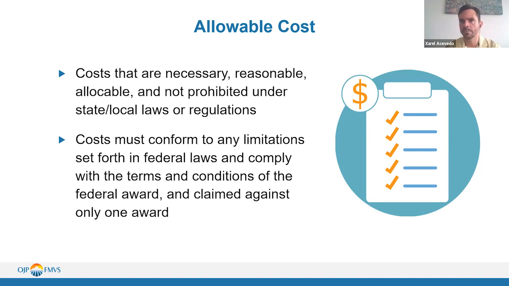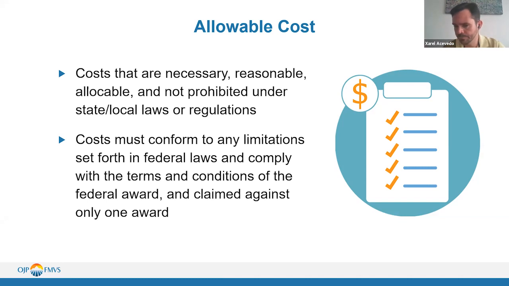I think I gave an example of the utilities for the whole building cannot be charged to the program that operates out of one floor. And then allocable just means that they're easily put into buckets and traceable, okay, and distributable, and that they're not prohibited under state or local laws and regulations.